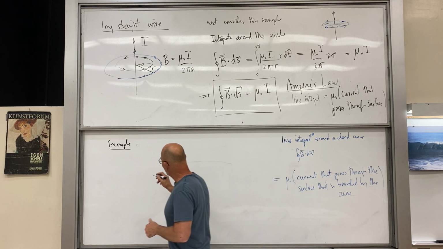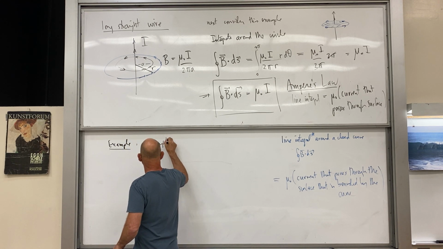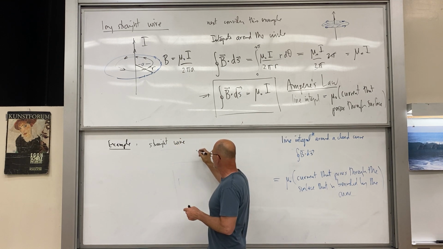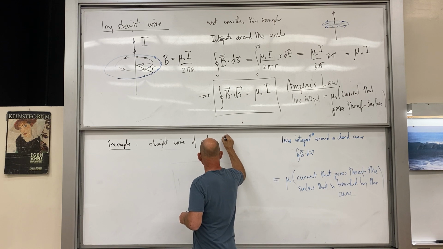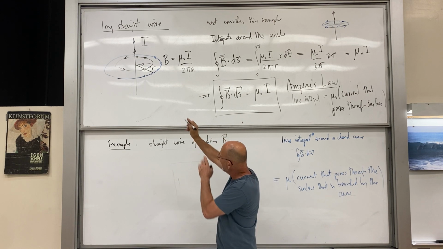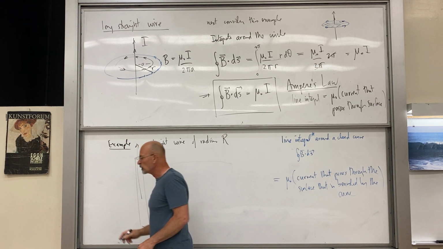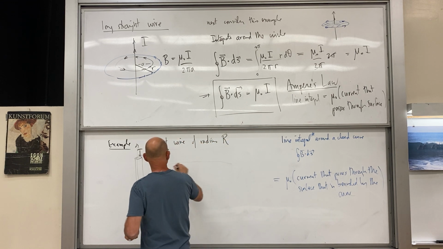So what we're going to have is a straight wire of radius uppercase R. So it's that scenario up there, except we've got this long straight wire of radius R with uniform current going through it.